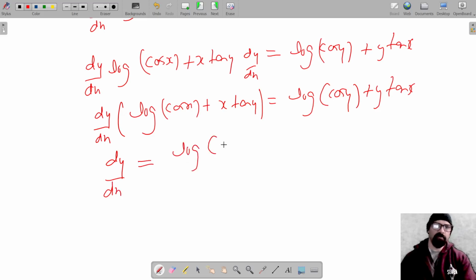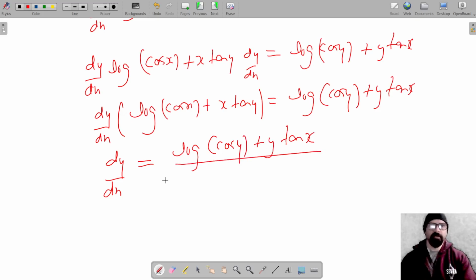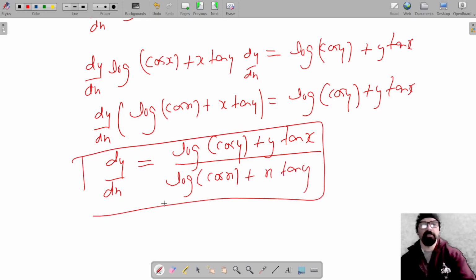This is log of cos y plus y tan x divided by log of cos x plus x tan y. This is the differentiation.